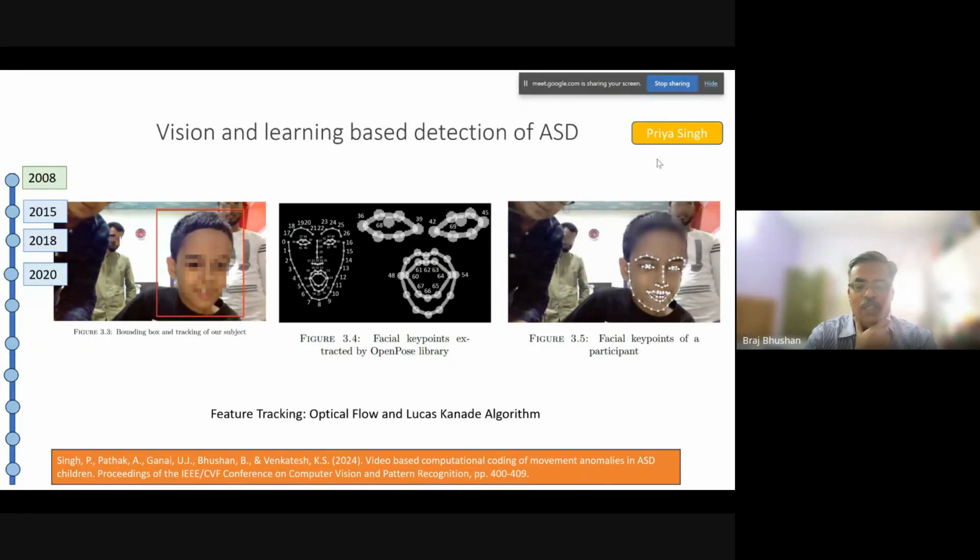Using the optical flow technique, certain algorithm, we tried to find out if you look at certain kinds of configurational changes in expression, from there you can infer the severity of the problem. Last year, this work got published in one of the conference proceedings.